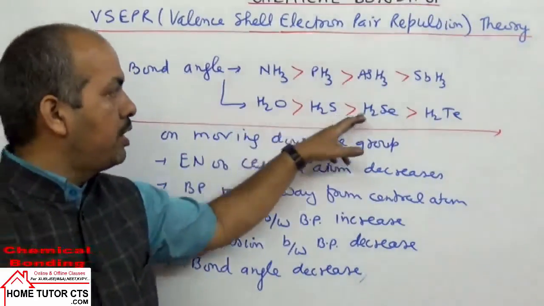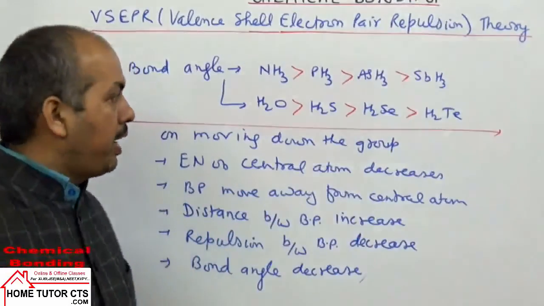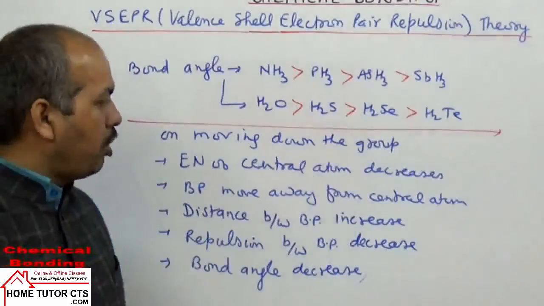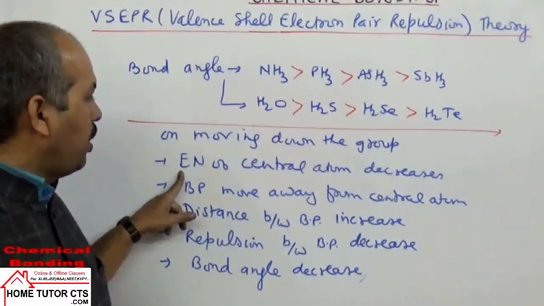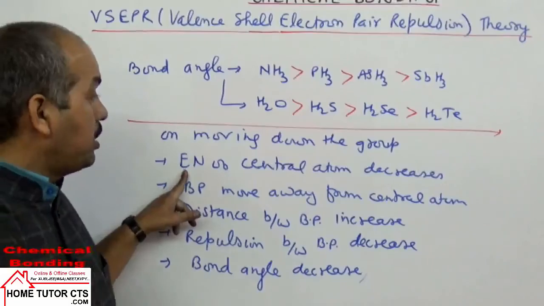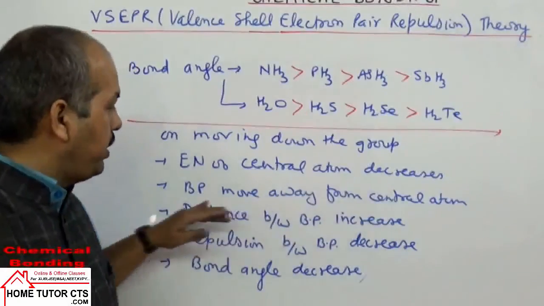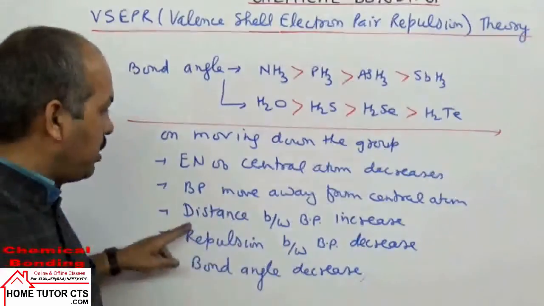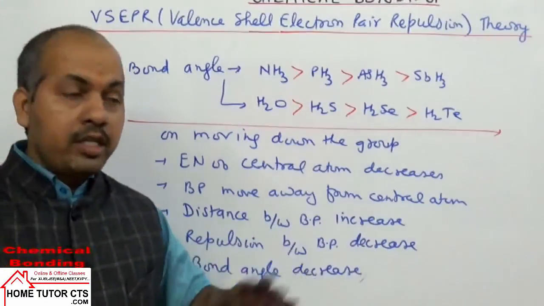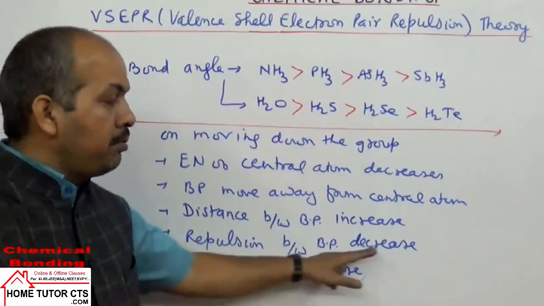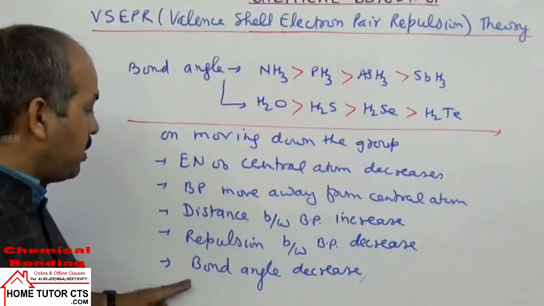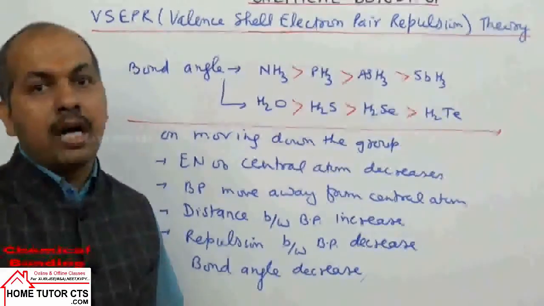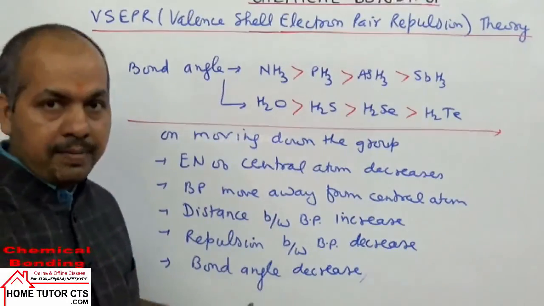Here O, sulfur, selenium, tellurium are the central atoms. So in both the series the common reason is that on moving down the series there is a decrease in central atom electronegativity. The distance between bond pairs will increase because they are moving away from the central atom. When the bond pairs have more distance, repulsion between them decreases, and when they have less repulsion, the bond angle will decrease accordingly. I hope it is clear.